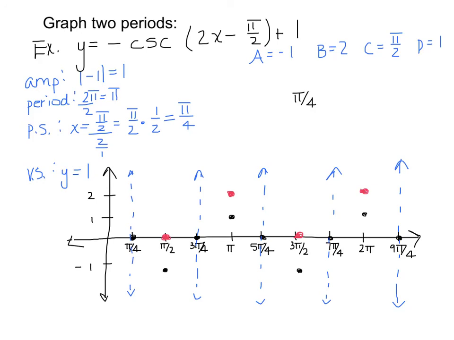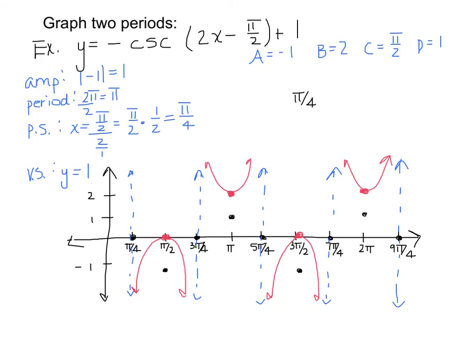So this one will still be a maximum now. This will be a minimum, a maximum, and a minimum. And there is your cosecant graph that was negative.